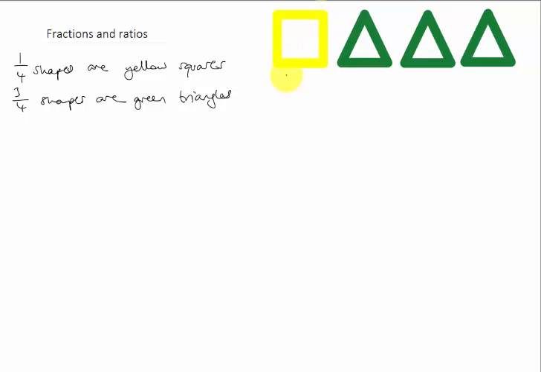So we have 1 as opposed to 1, 2, 3 triangles. So you could say there's a 1 to 3 ratio of yellow squares to green triangles. So that's 2 different ways of expressing the same thing.